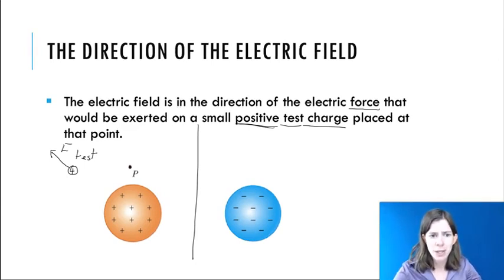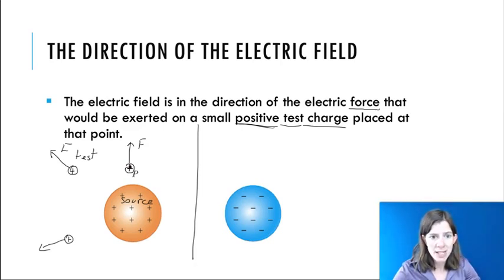So if we put another test charge over here, down below, it would experience a force away from the positive charge. What about over here at point P? If we put the positive test charge here, it would experience a force away from the source, because the source is also positive. So what the statement is saying is that the source, this big charge that is creating an electric field, points in the same direction as the force experienced by the test charge.